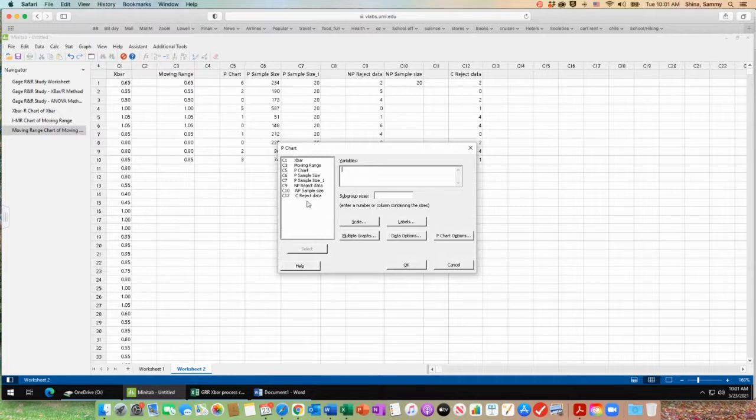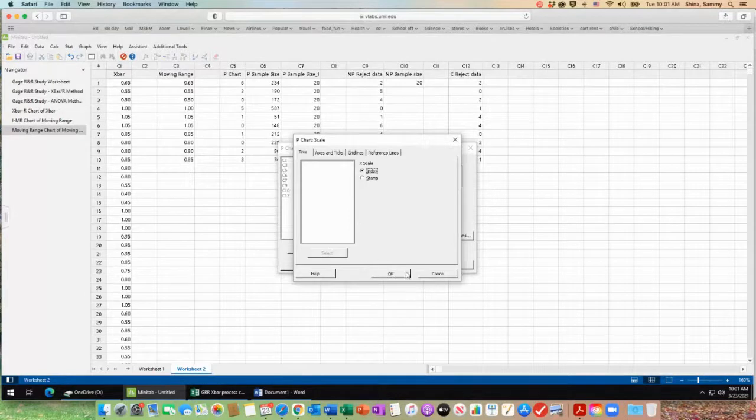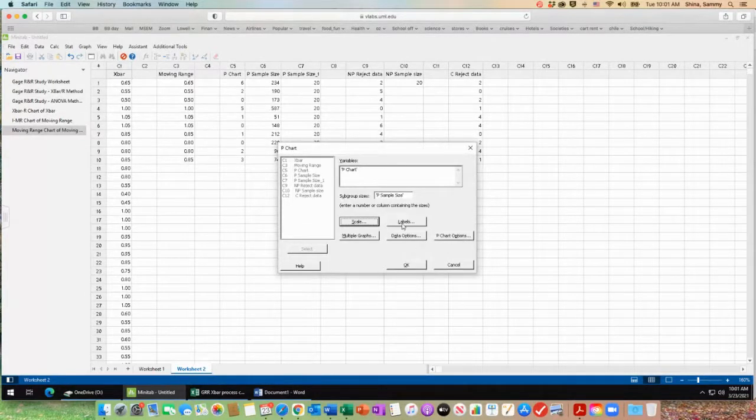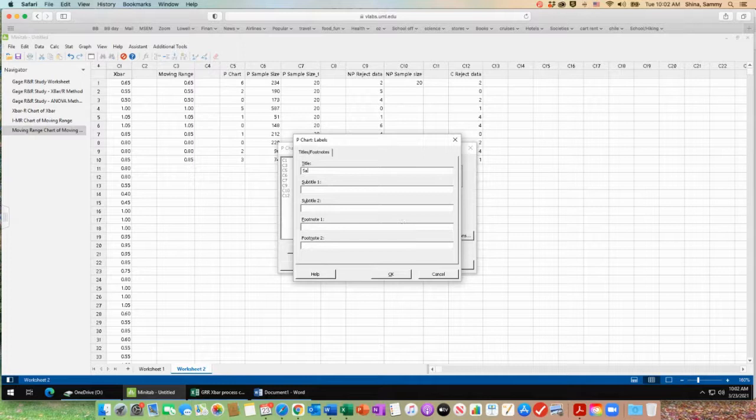Let's make sure we got the right titles. Let's look at P chart, and we select it, and the subgroup sizes is in the column P sample size. We bring it here, P sample size, scale, same, labels, Sammy Shina P chart.